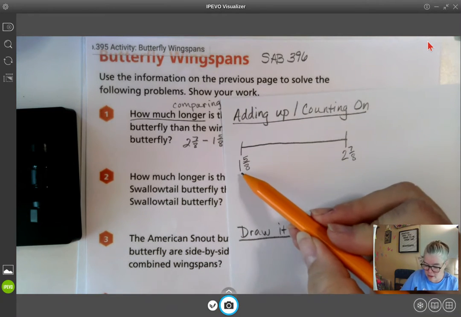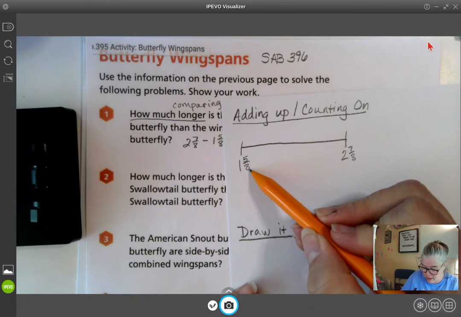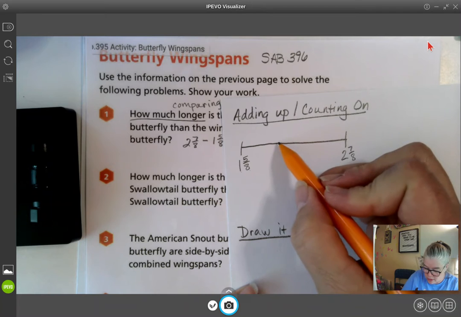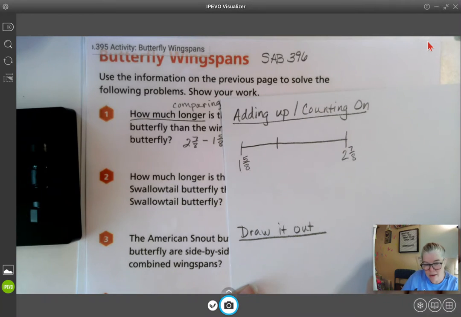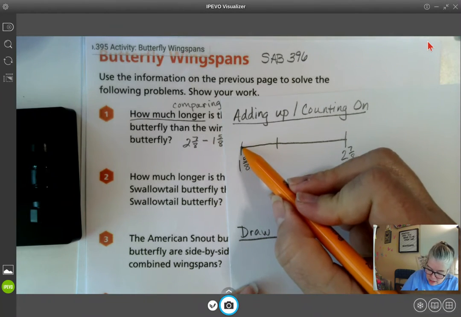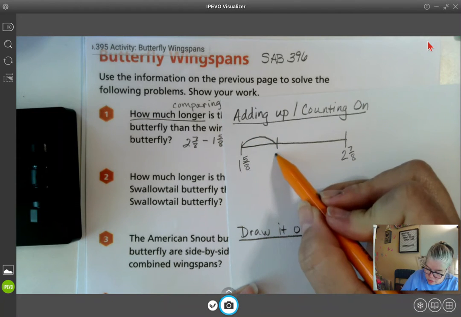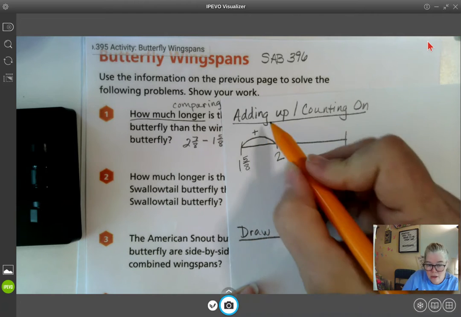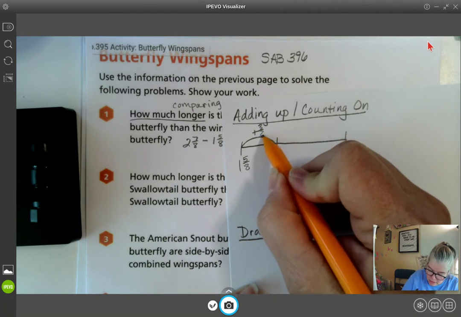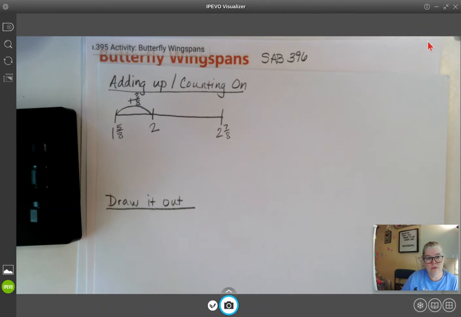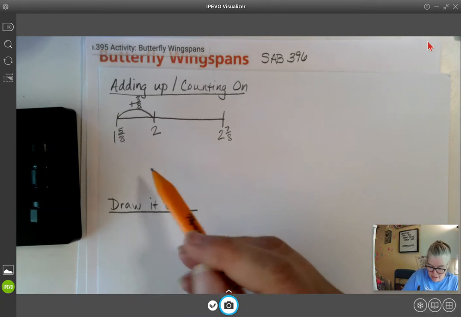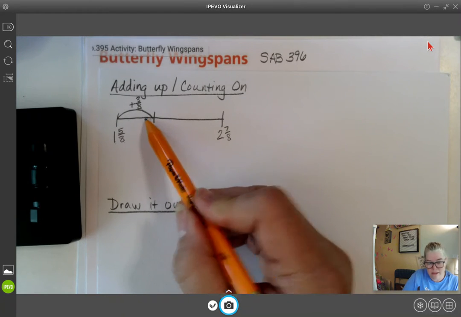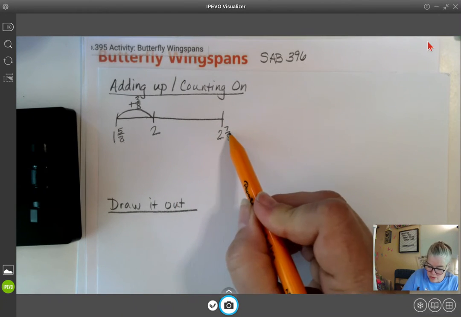So let's think about what I know about these mixed numbers. 1 5/8. The next whole number up would be 2 wholes. So I'm going to put a mark right there and say, how far would it take me to count up to the number 2? If I have 1 5/8, I need to add on 3 more eighths, 3/8, to get up to the number 2. Now I need to get to 2 7/8.